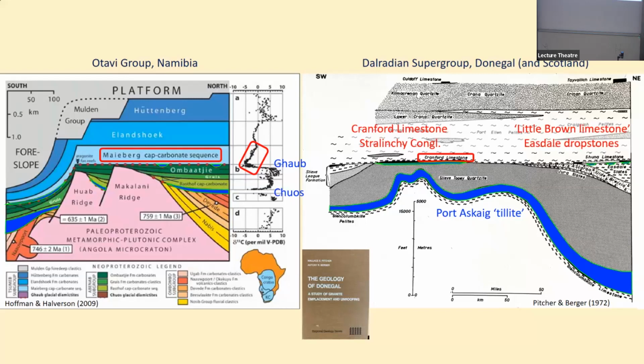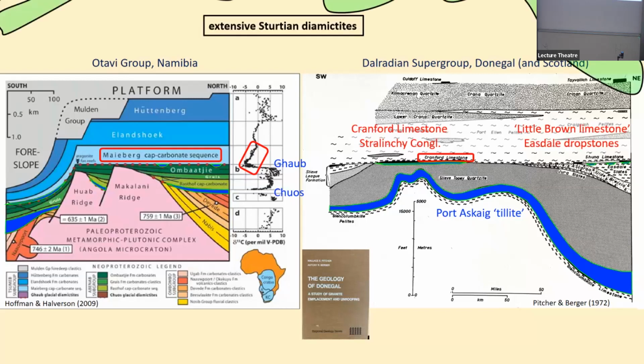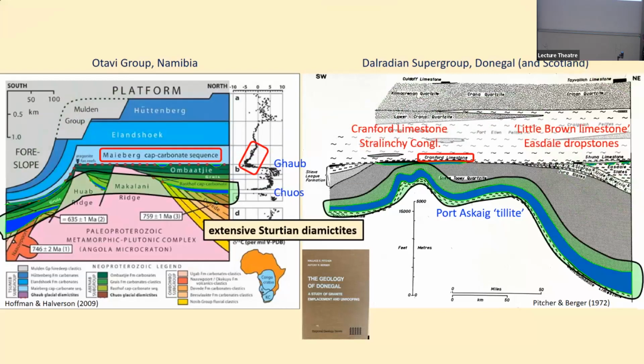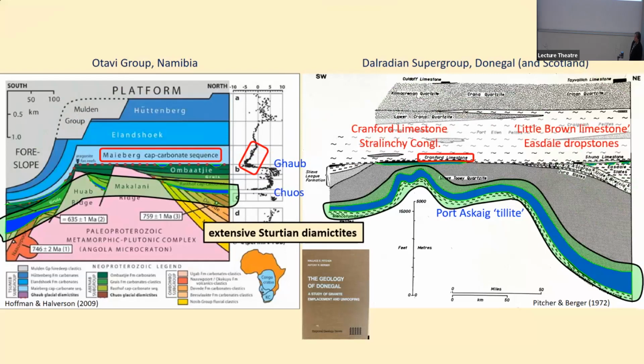What I want to point out, so that we're all aware of this, is that quite often, worldwide, the Sturtian, older glacial, is very extensive, very well developed. It's not at all unusual that the Marinoan glacial has areas that are quite patchy, just little lenses that are preserved. It's not some huge diamictite.